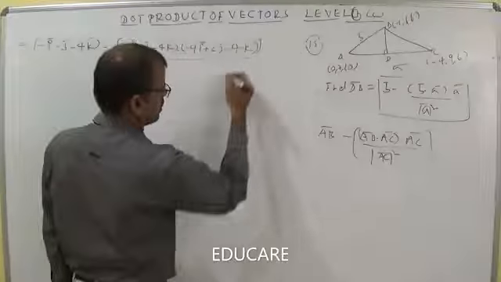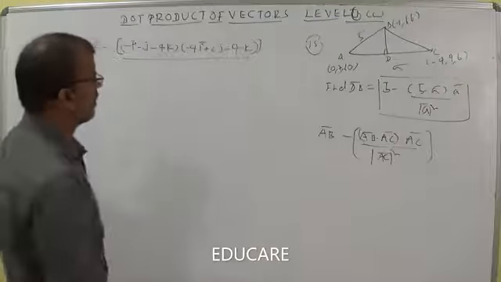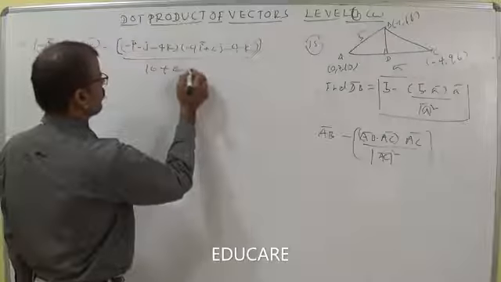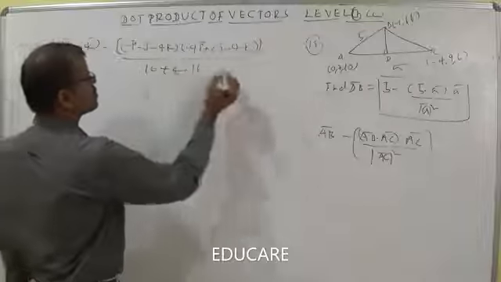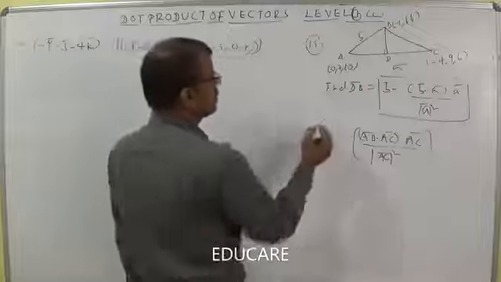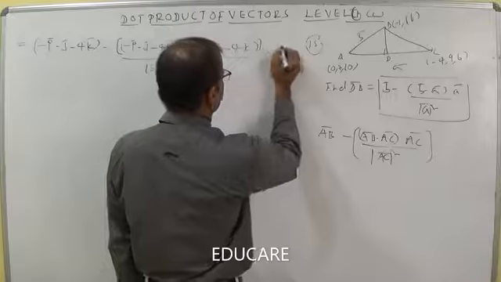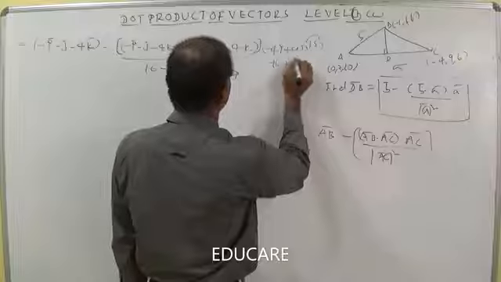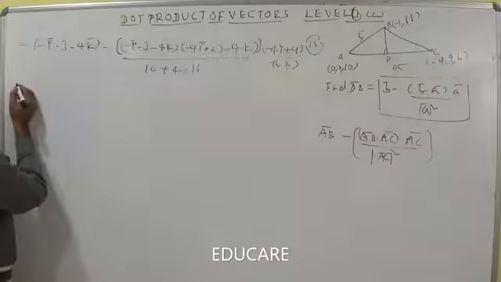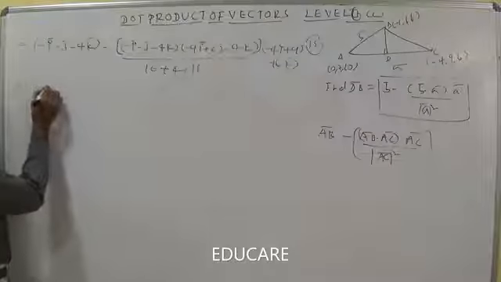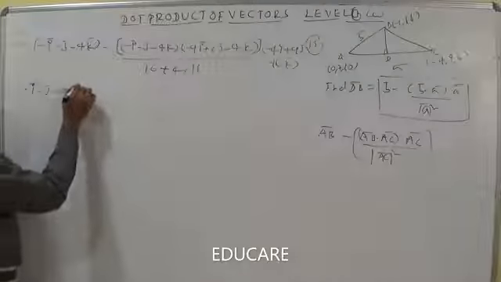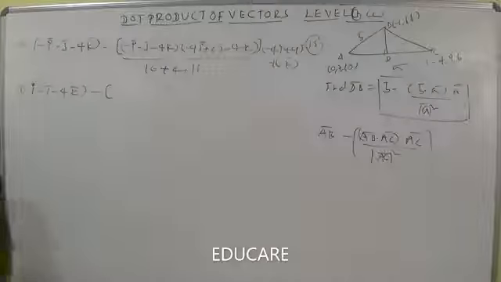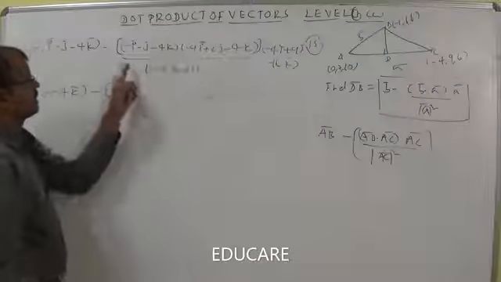While doing the dot product, i dot i, j dot j, k dot k should be written.